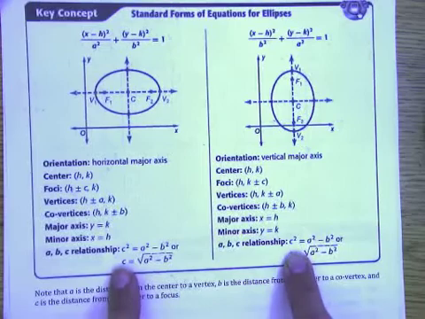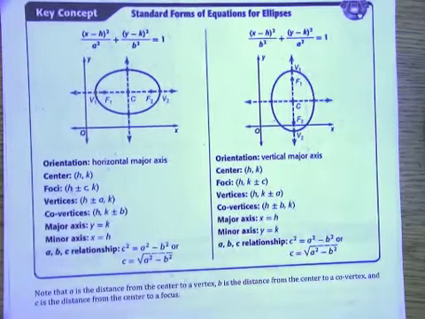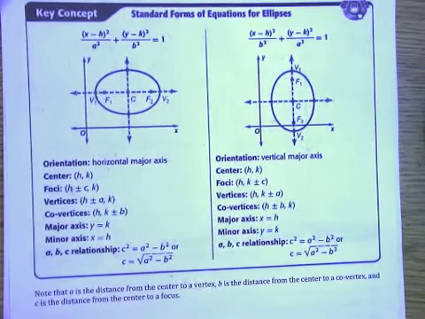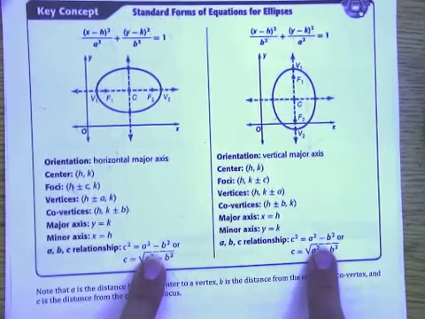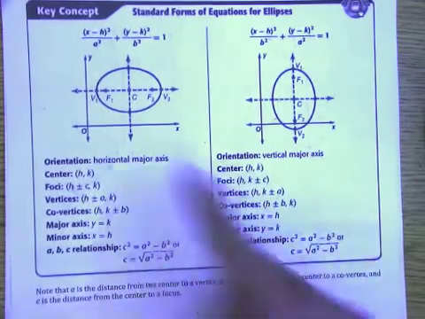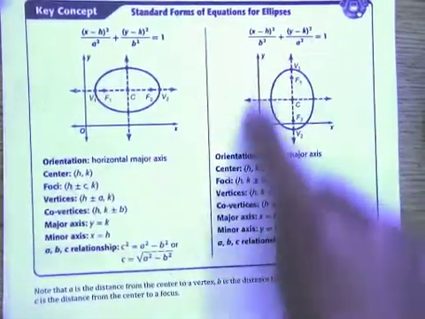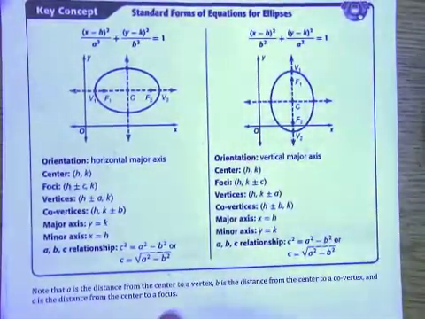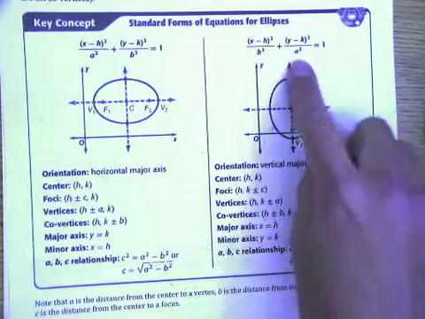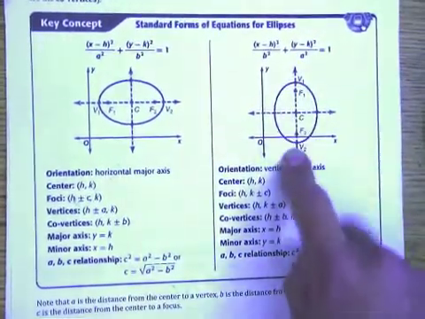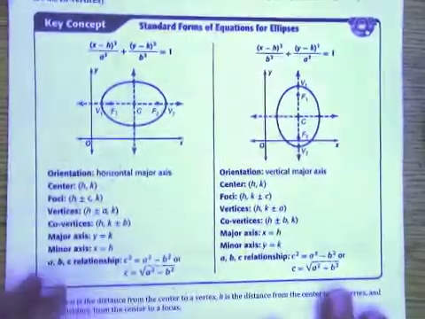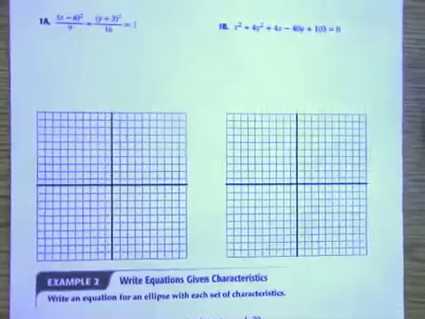Here, notice, very important, because we do need to use the value of C sometimes in order to find A and B, or if we're finding the eccentricity of an ellipse, which I'll talk about later. Notice that C squared equals A squared minus B squared, and it doesn't matter whether it's oriented horizontally or vertically. Notice that the A value is always under the major axis.